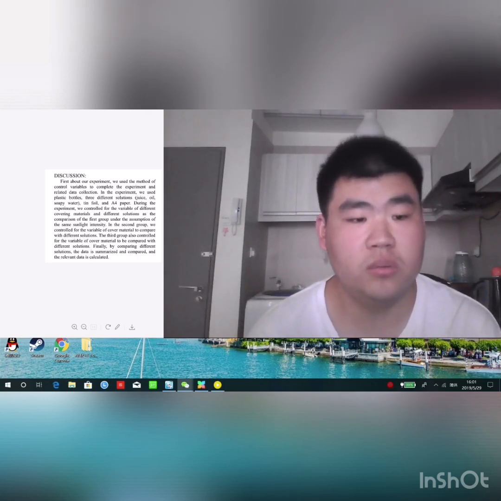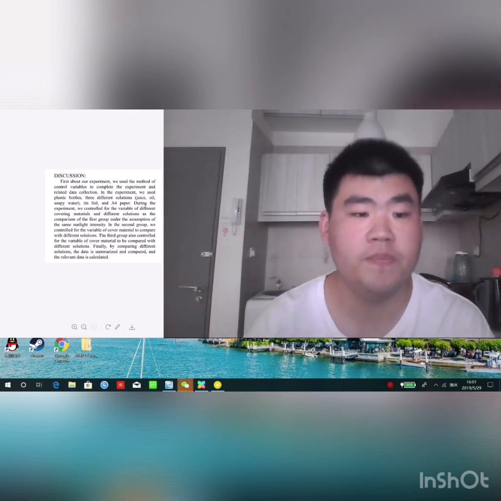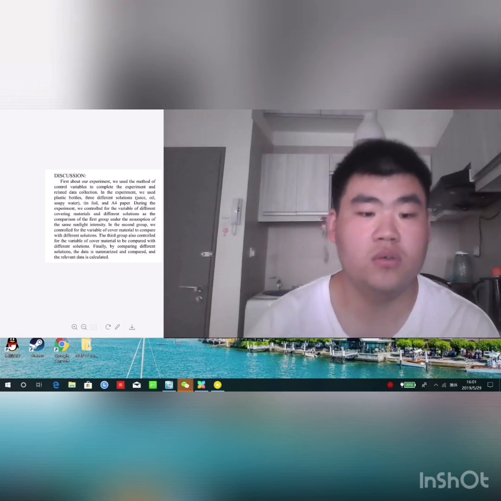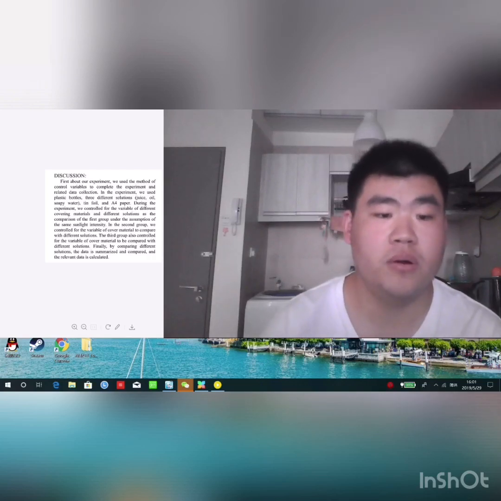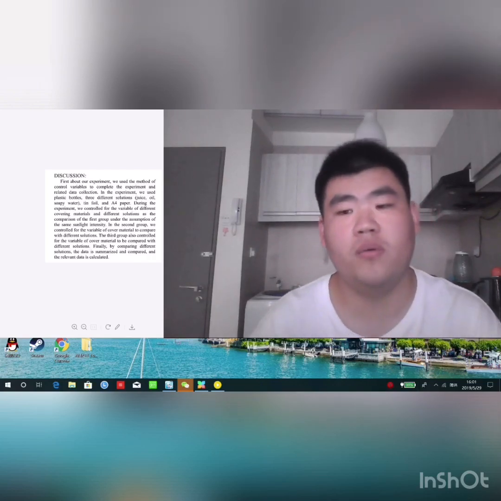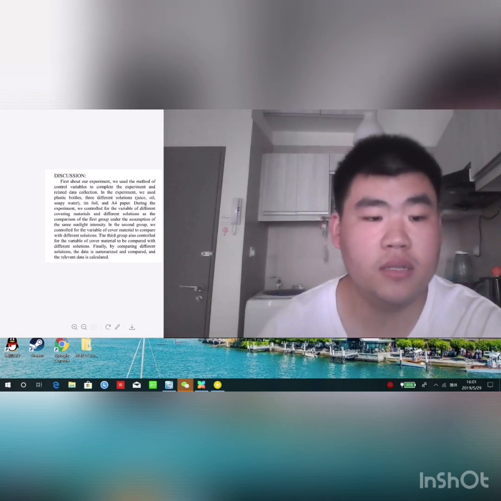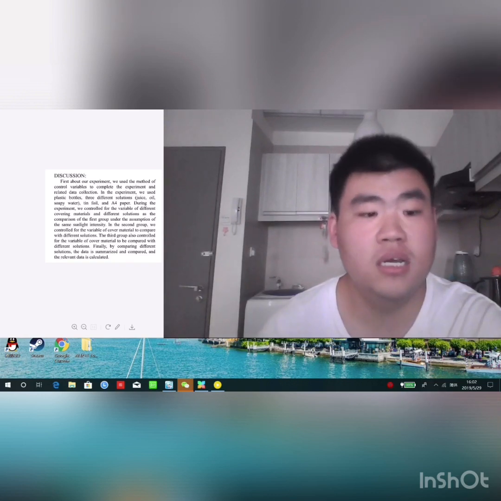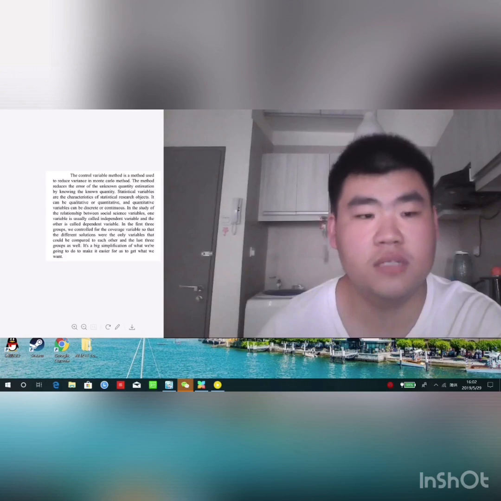In the second group, we controlled the variable of cover material to compare the different solutions. The third group also controlled the variable of covering materials. Finally, by comparing different solutions, the data is summarized and compared, and the relevant data is calculated.